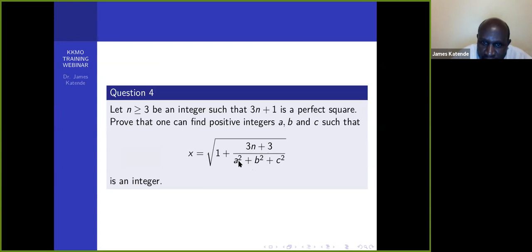So we need to show that it's possible to find three such positive integers such that a squared, b squared, and c squared will give us this expression to be an integer. So 1 minute again or 2 minutes to get some ideas.